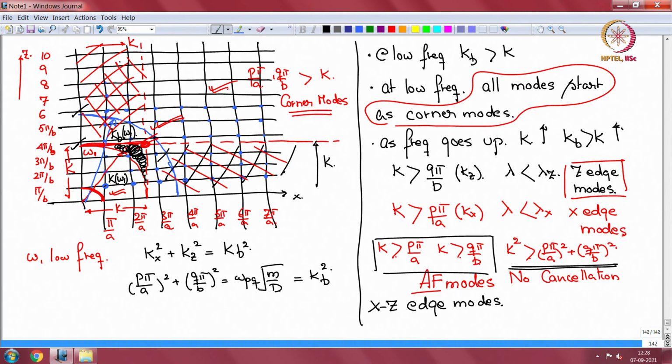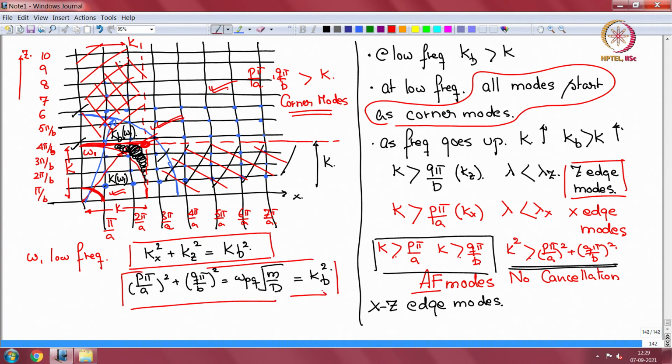Now I will bring in the idea of a resonance. If you look at these two formulas, this of course comes from the free infinite plate free bending wave number, and this comes from the finite plate.